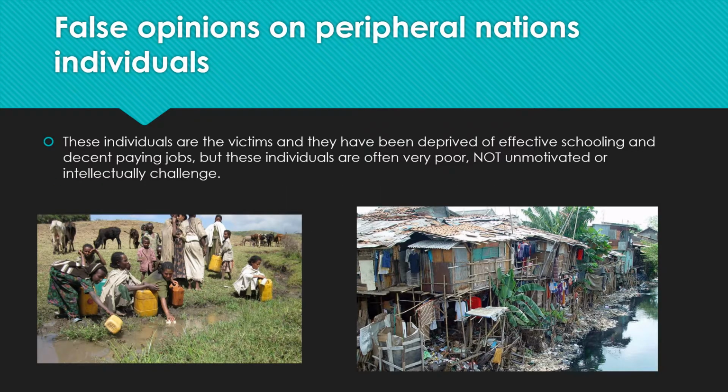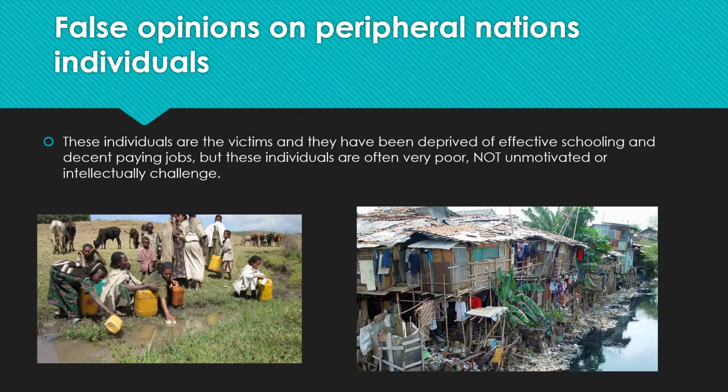So that's where there's also a false opinion on the peripheral nations' individuals. A lot of times people believe that the core nations just go over and take over the peripheral nations' individuals because these individuals are unmotivated or intellectually challenged.